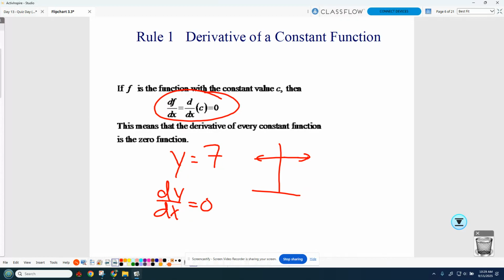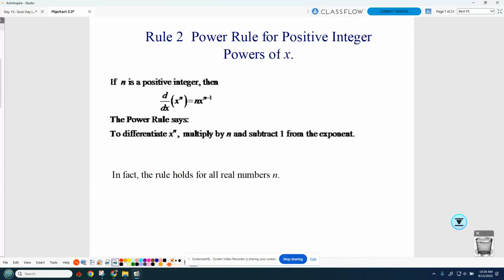Okay, ready for power rule, like formal? I'll show you how it looks from them, it's kind of gross. So power rule: multiply by the power, lower the power. That's all there is to power rule.